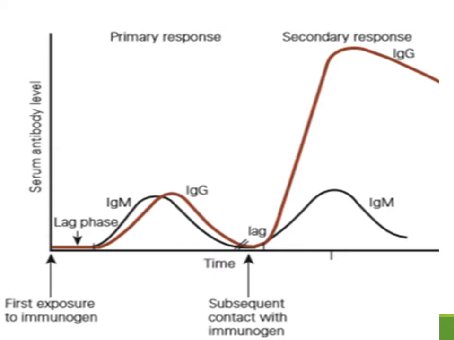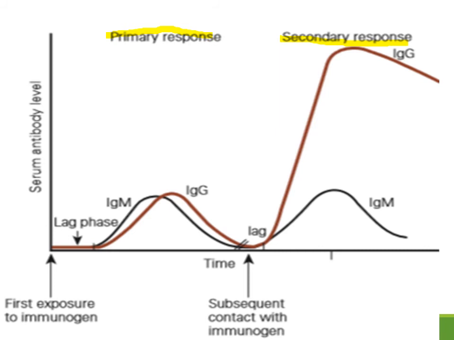So let's now discuss the immune response. I just want to share with all of you the work of your antibody in terms of destroying a particular antigen. The immune response is divided into two: your primary response and, of course, the secondary response.